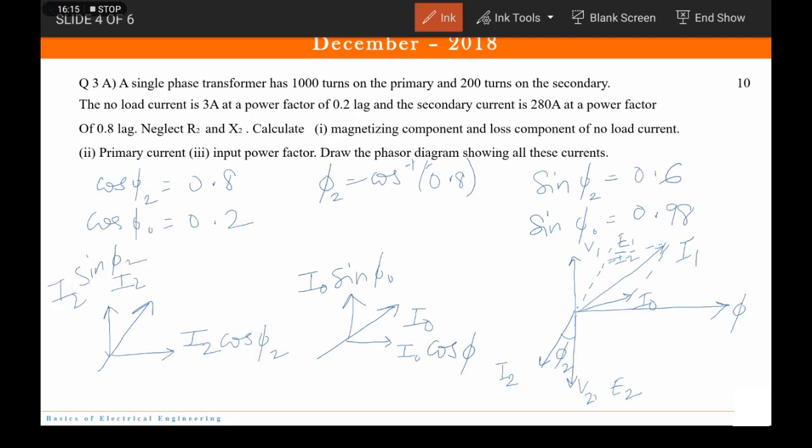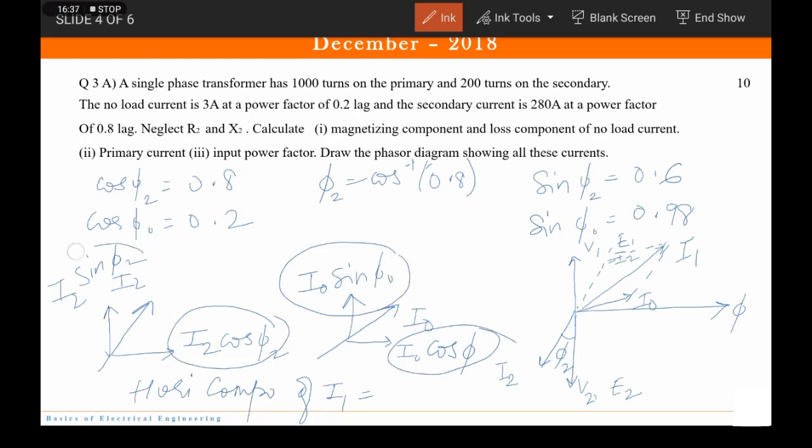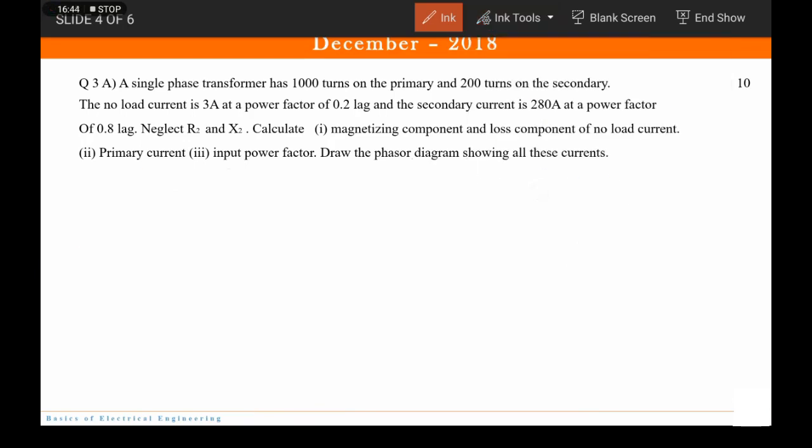In order to find the horizontal component of I1, I have to add the horizontal components of these two. Similarly, to find the vertical component of I1, I have to add these two components.